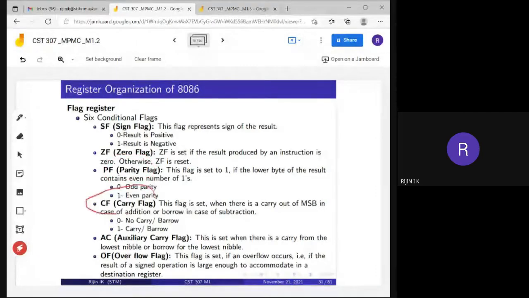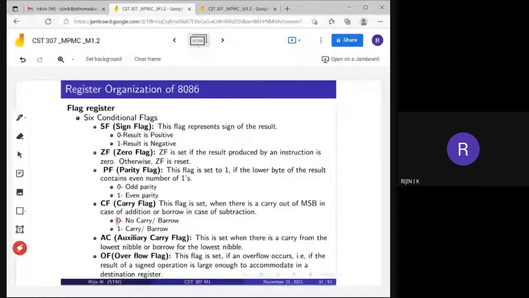Next one is the carry flag. In the carry flag, after performing any arithmetic operation, if there is a carry generated out of the most significant bit, in case of addition or subtraction, then the carry flag will be set.